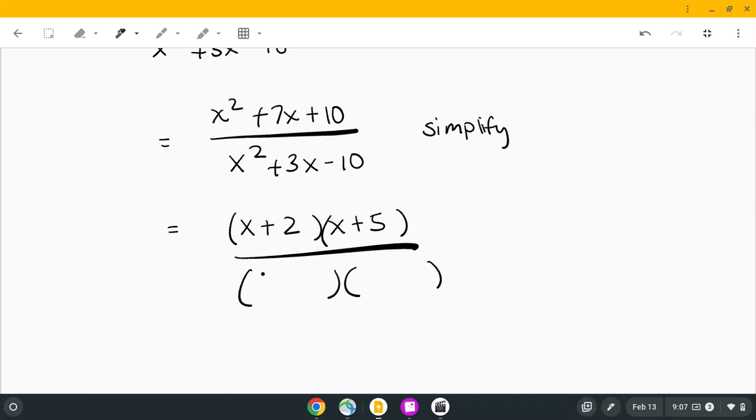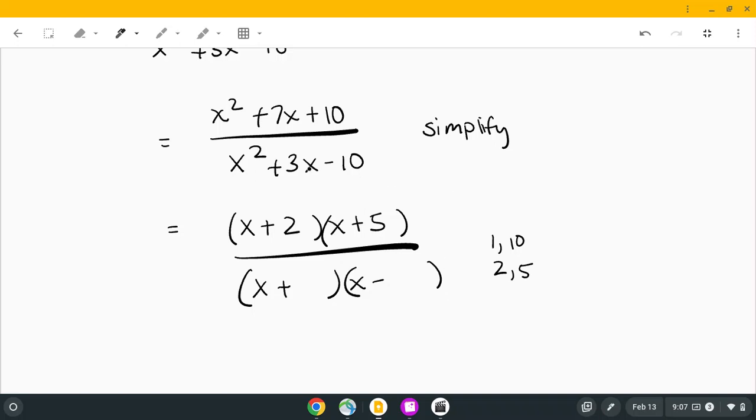Down below, it's going to be x times x to make x squared. And then here, I don't want positive 10 like up here. Instead, down here, I want negative 10. So that means the signs here have to be different. So one will be positive and one will be negative. That way I get negative 10. Okay, so here I can use 1 and 10, or I can use 2 and 5. And remember, one of them is going to be negative.